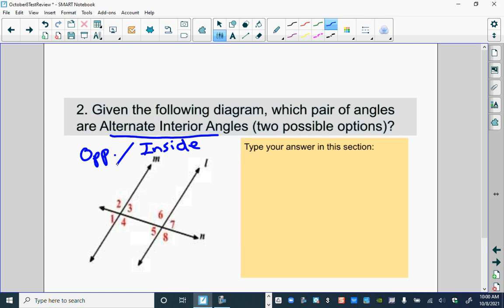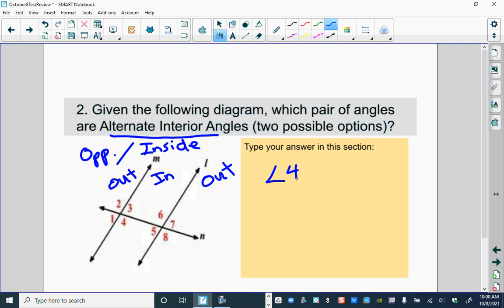Opposite and inside. That's outside, inside, outside. So now, pick any one of the four angles that's inside. Just pick any one of the four. Okay, so we have angle 4.